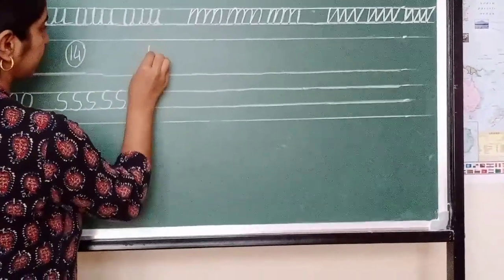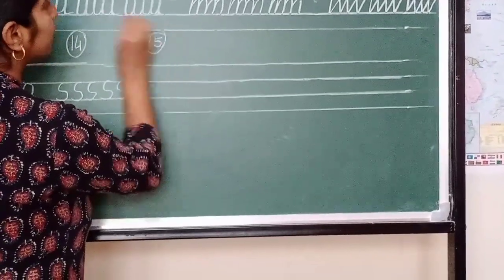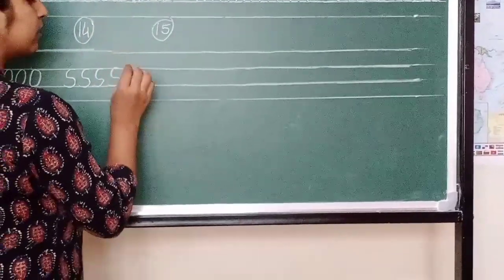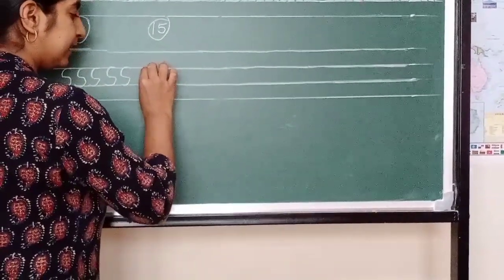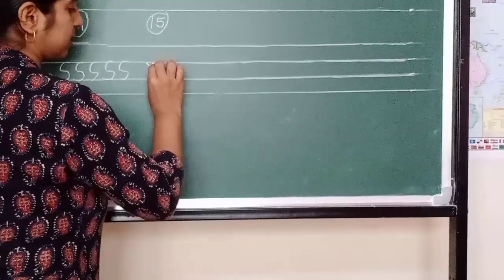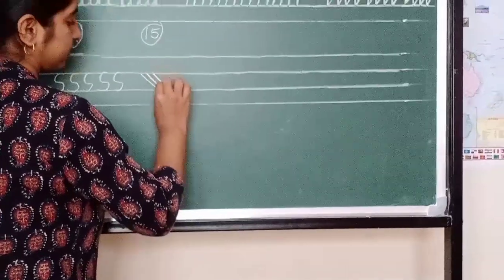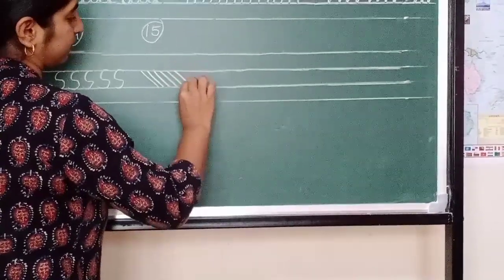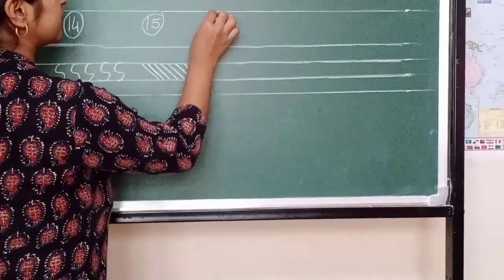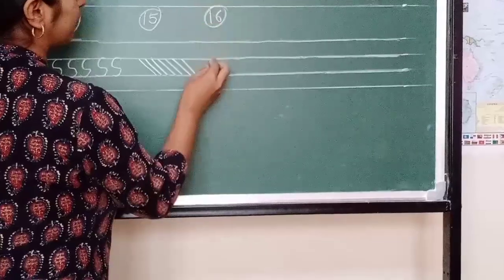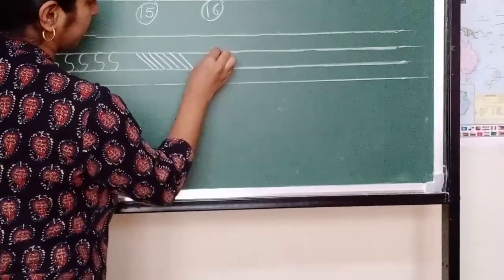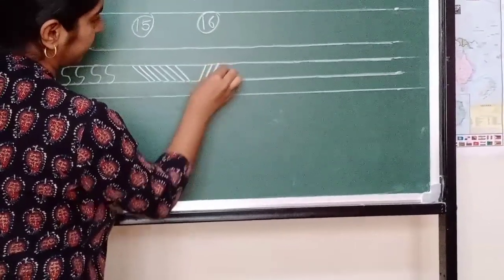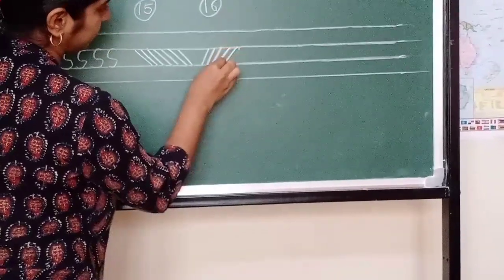Fifteenth. It is not like the third stroke. It is completely a slide. See here. Completely you have to make a slide. Sixteenth, the opposite of the fifteenth. Completely make a slide.